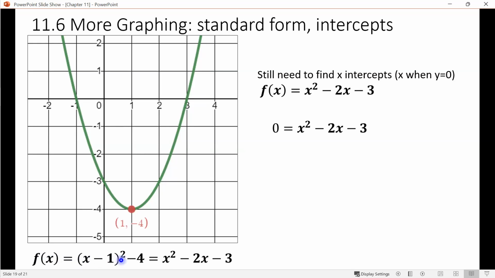So we could do that. Now that we're in this completed square form, we can use the square root property to solve that. But we can also use just factoring to solve it from the standard form. So we're just going to factor this guy, and then we can see that when y is 0, x is either 3 or x is -1.